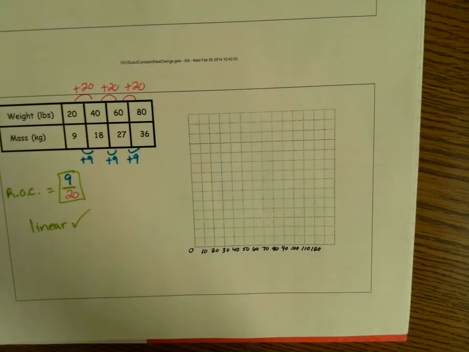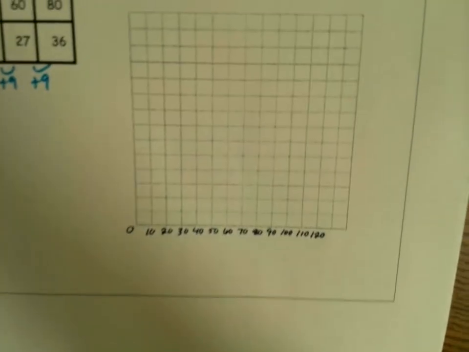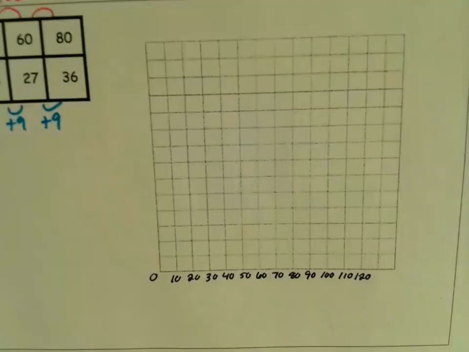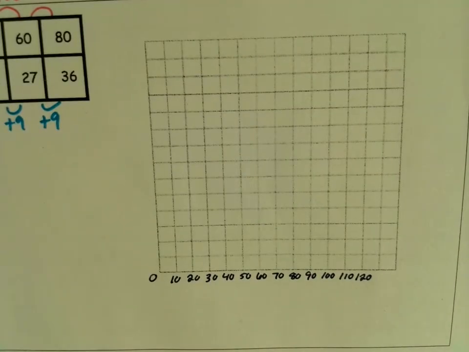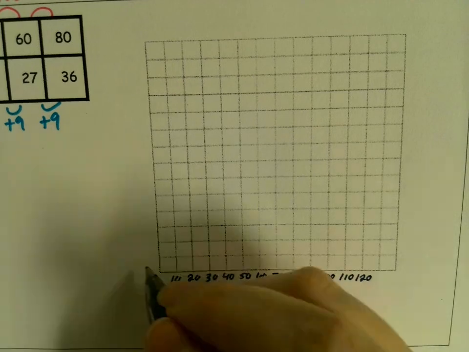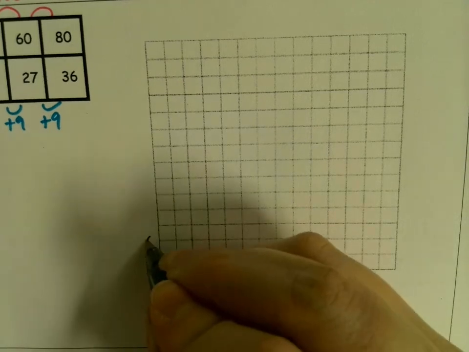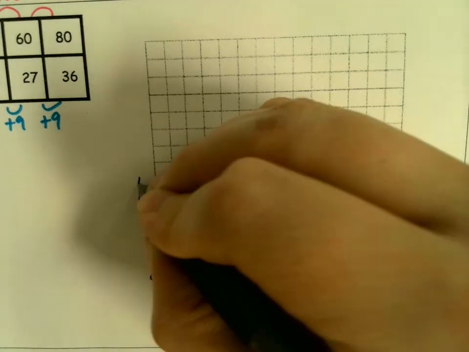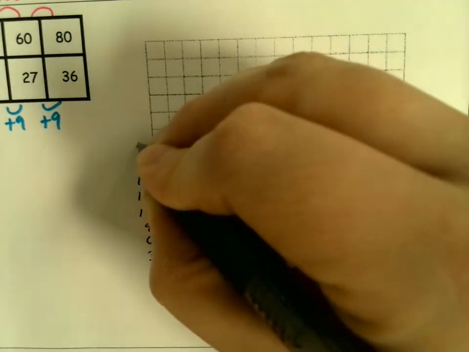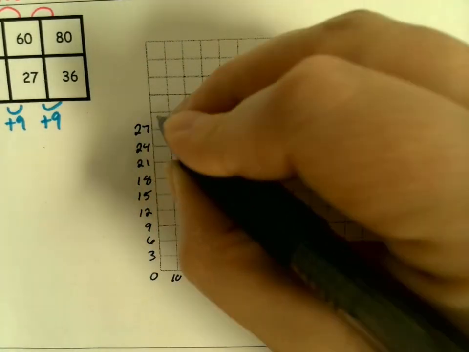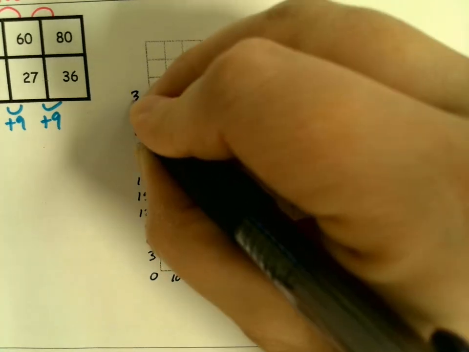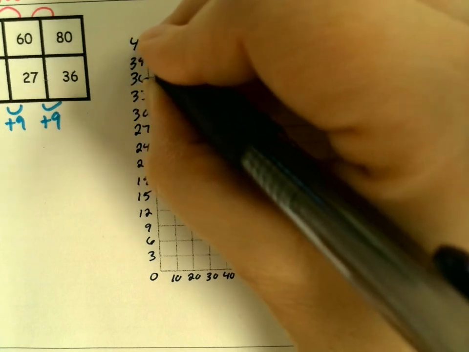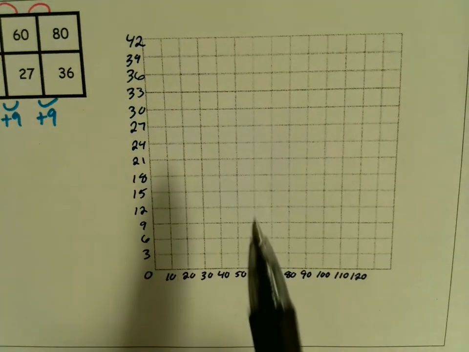Because my y's need to get up to 36, I can count by threes: 3, 6, 9, 12, 15, 18, 21, 24, 27, 30, 33, 36, 39, and 42. So I can easily count up to 36.